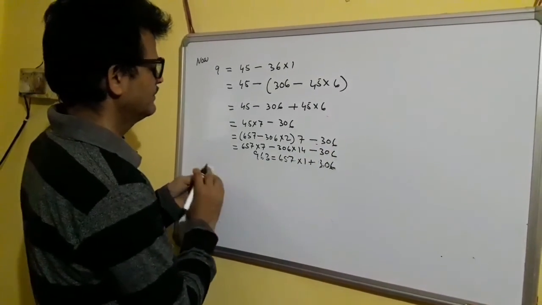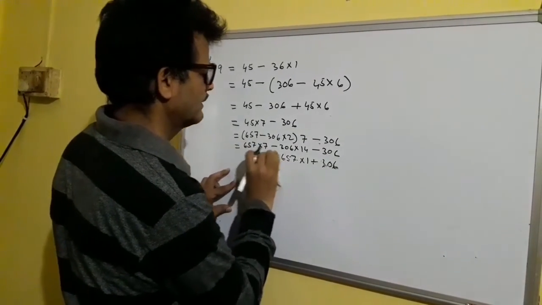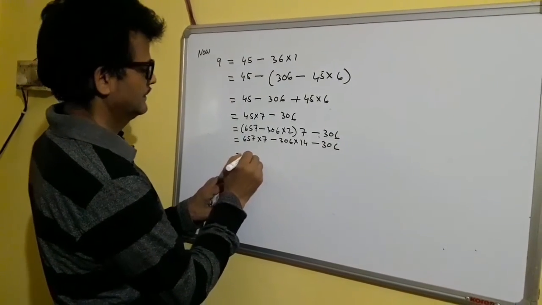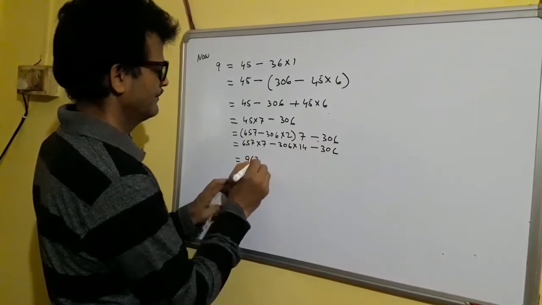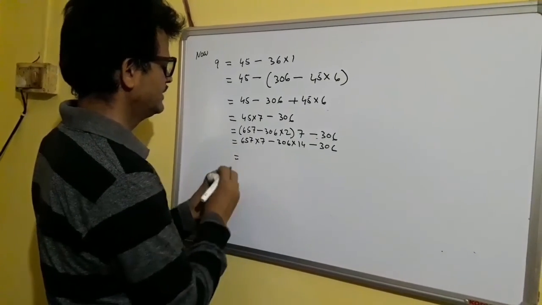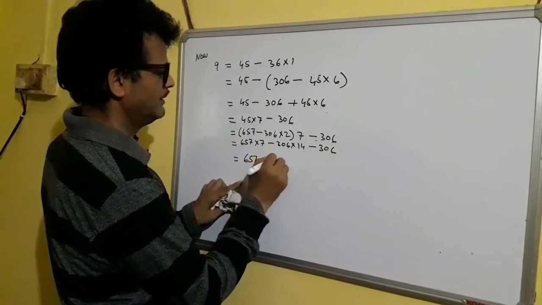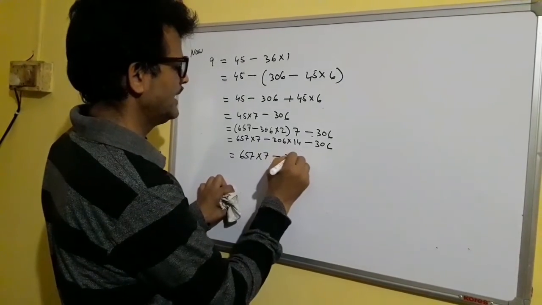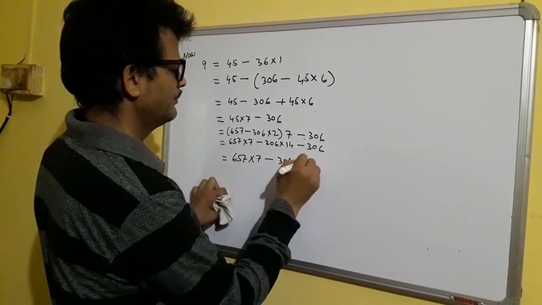Now next step, 657 into 7 minus 306 into 15.